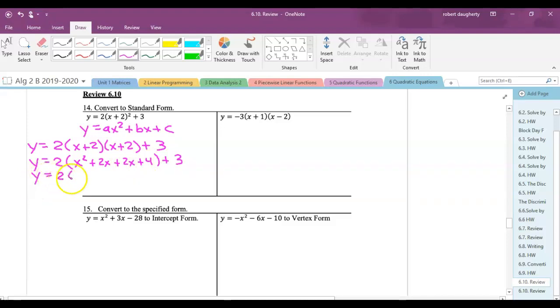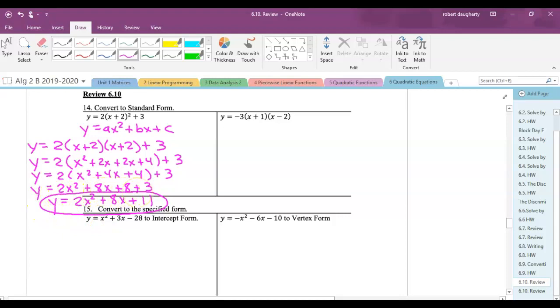So y equals 2 times (x squared plus 4x plus 4) plus 3. So this is y equals 2x squared plus 8x plus 8 plus 3. Final answer: y equals 2x squared plus 8x plus 11.